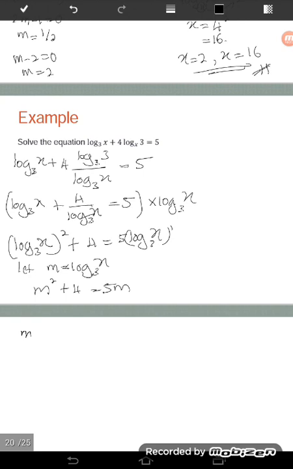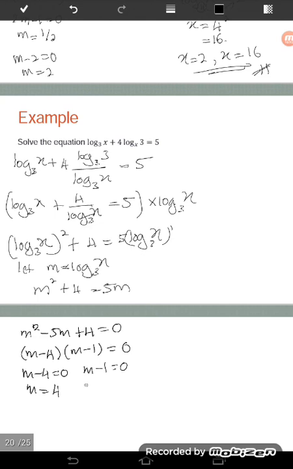So rearrange, I will have m power of 2 minus by 5m plus 4, which is equal to 0, and then factorize. So m minus by 4 and m minus by 1, which is equal to 0. Okay, so from here m minus 4 equal to 0 implies m equal to 4, and another one, m minus 1 equal to 0 implies m equal to 1.